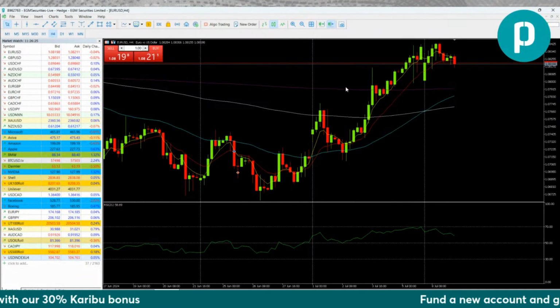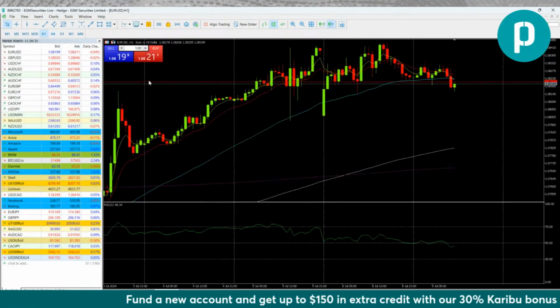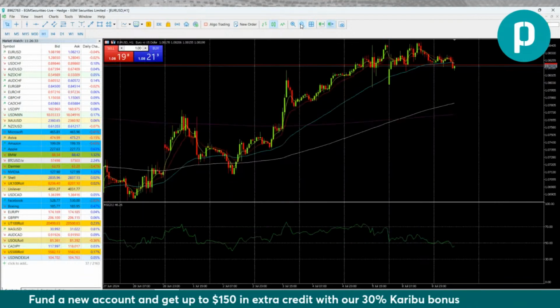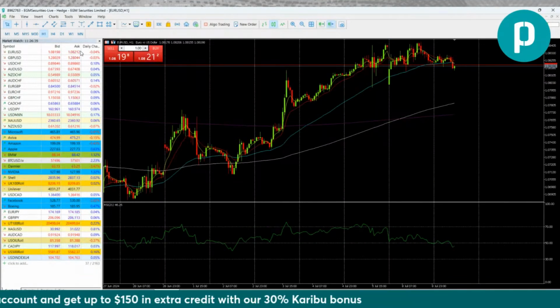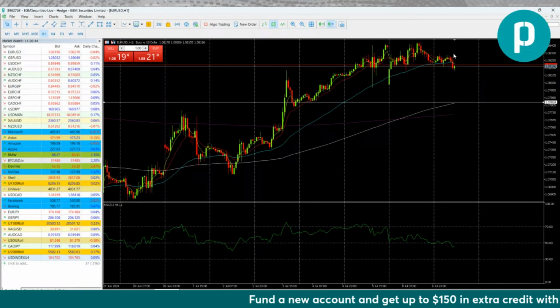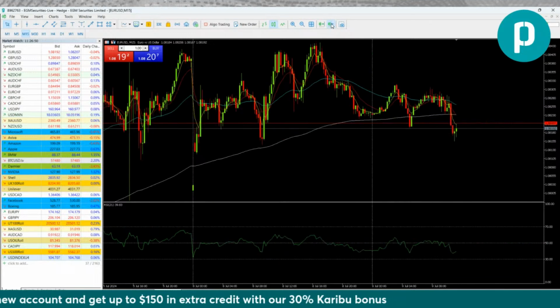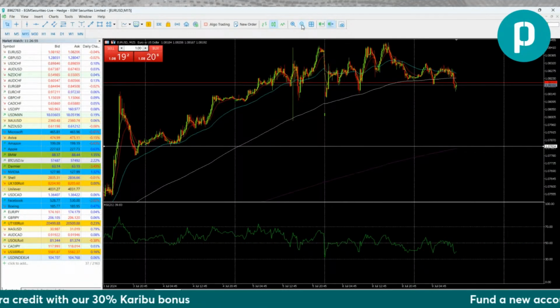And which are the areas where we could be looking for opportunities to book your profits? Yeah, that one. So if we go to M15, lower time frames help you with identifying good entries.